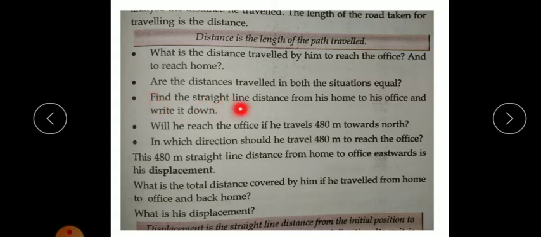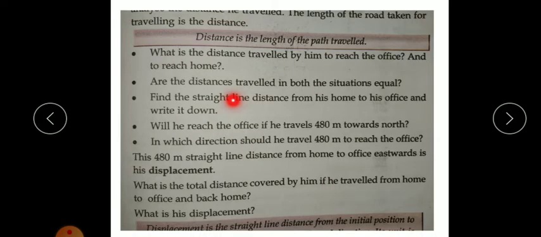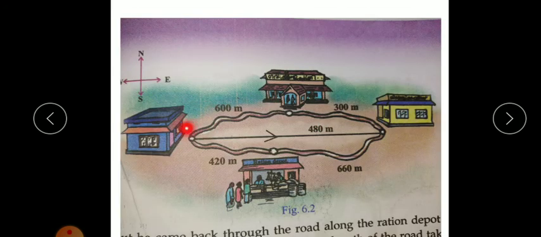Find the straight line distance from his home to his office and write it down. What is the straight line distance from home to office? 480 meter. So write here. Will he reach the office if he travels 480 meter towards north? So from his home, if he travels 480 meter towards north, will he reach his office? No, is it? So in which direction he has to move? Along east direction, is it?